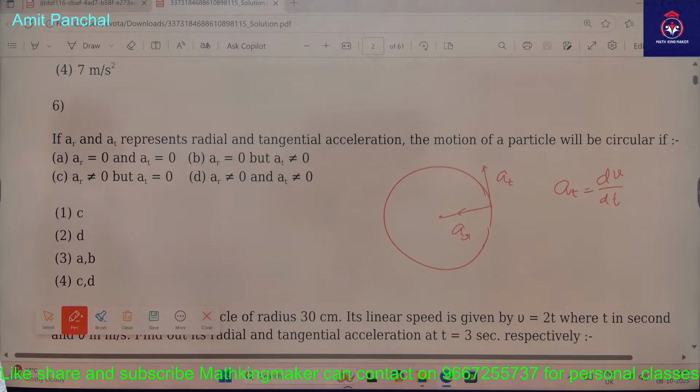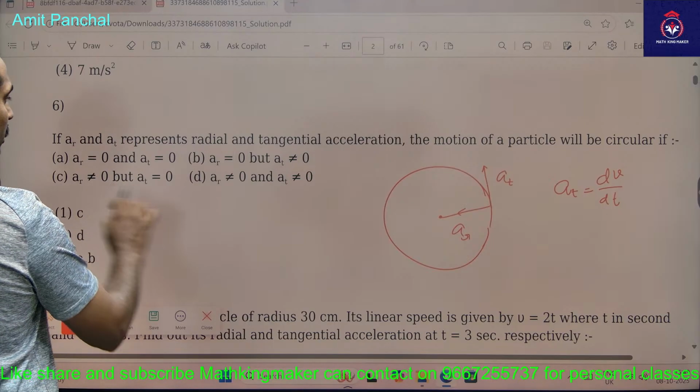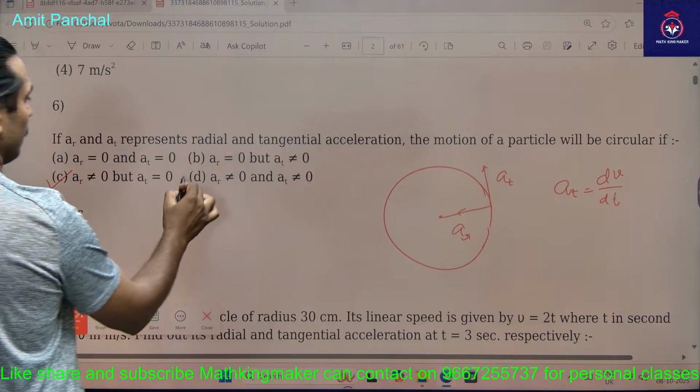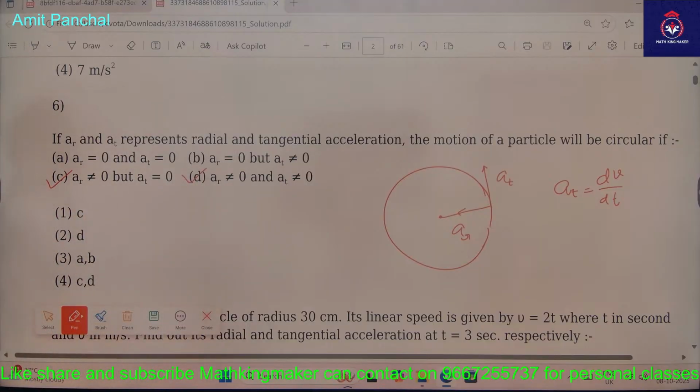So AR is not 0 in any case. So option C is also right and D is also right. AT may or may not be 0. Even if AT may not be 0, it can still move.